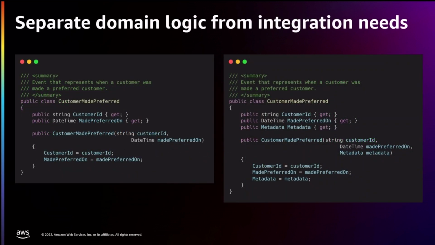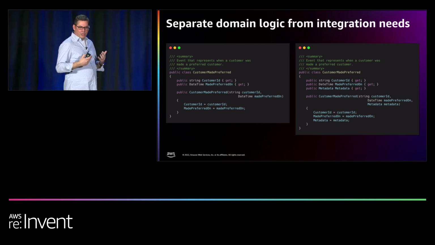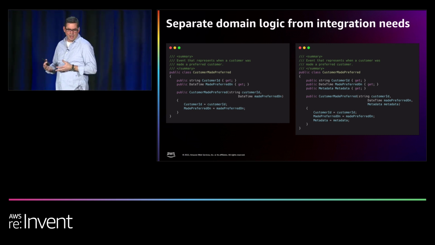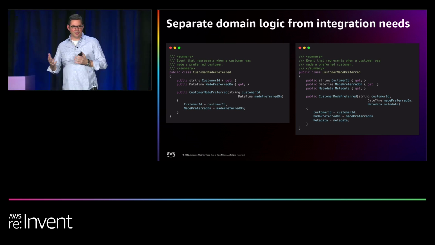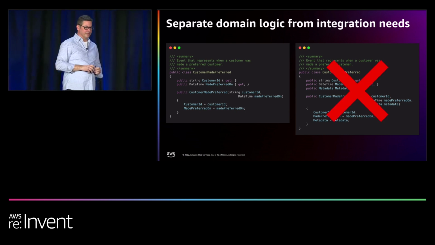Now, to model the metadata in each and every event in our domain doesn't make a huge amount of practical sense. And it doesn't actually reflect the domain that we're building. All right? This is more of an integration requirement that's not really in any way associated with the domains that we're modeling. So let's not do this.